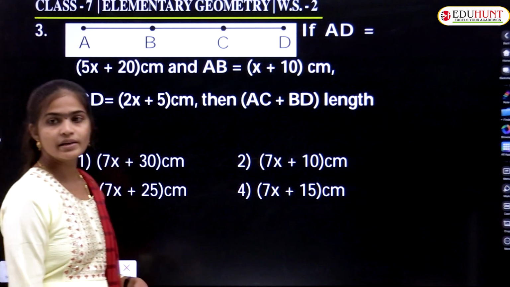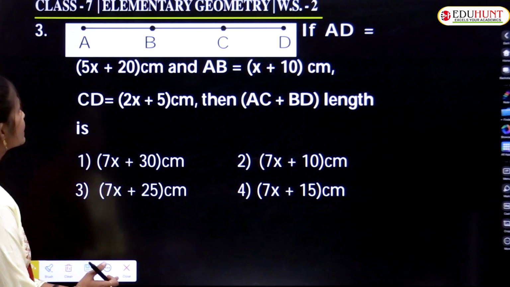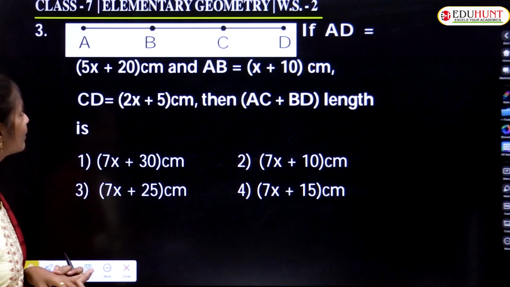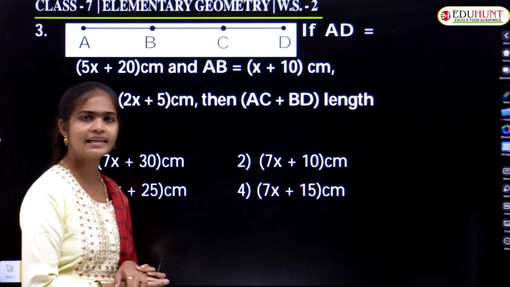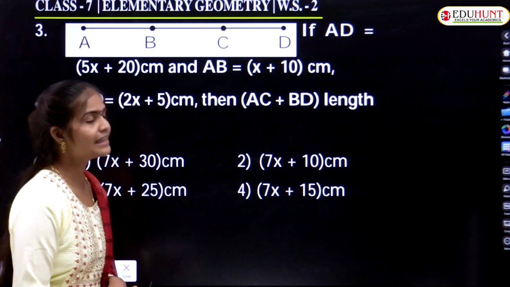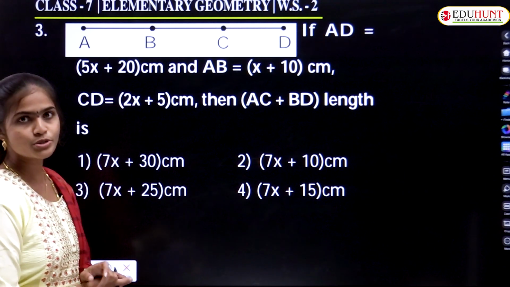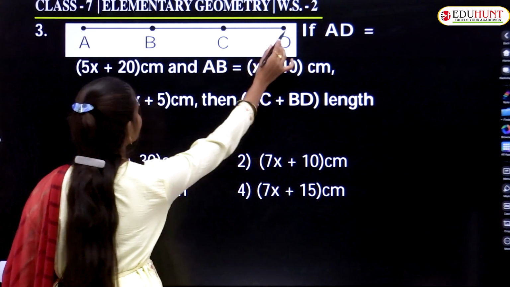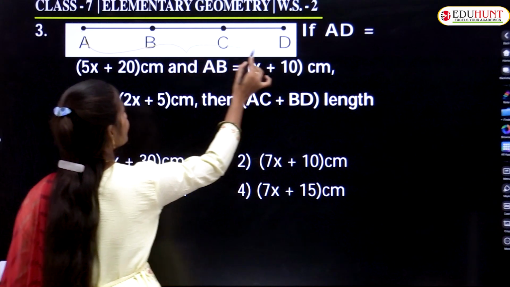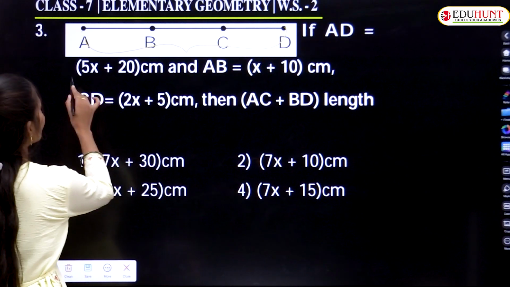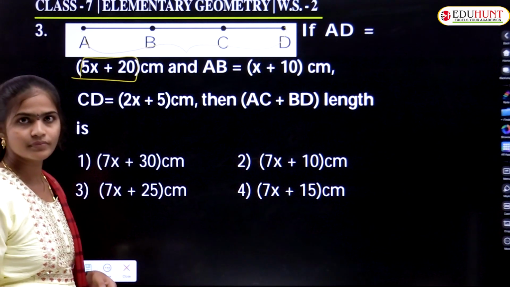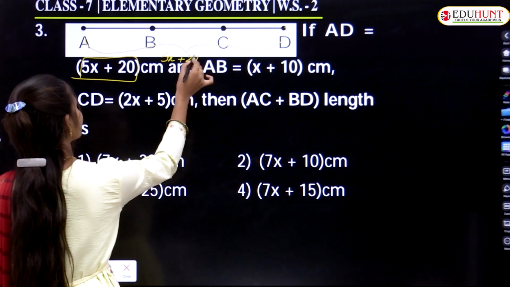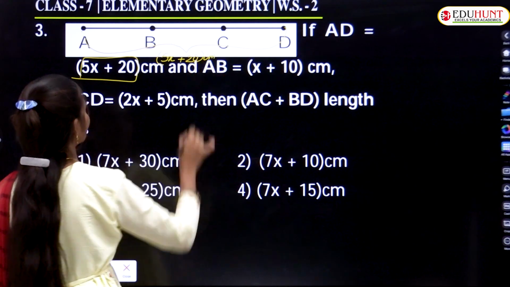Okay, so the next problem, that is the third one. Here they have given a line segment. On that line segment they have given some points A, B, C, D. If AD is equal to 5x plus 20 centimeters, that is the total line segment.